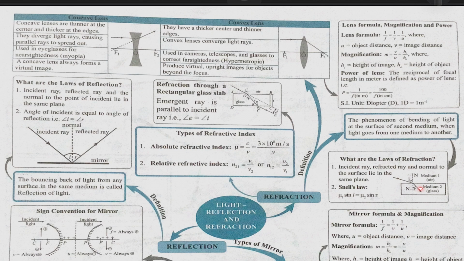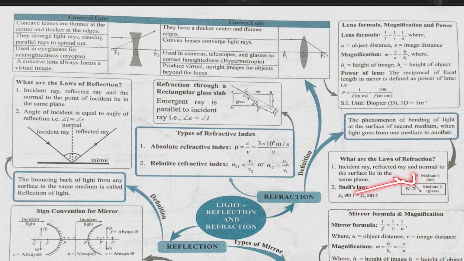What are the laws of refraction? The incident ray, the refracted ray, and the normal to the surface lie on the same plane. This is the first law of refraction. Next is Snell's law, which says that n is equal to sin i by sin r, where the sine ratio is calculated with respect to the incident ray and the refracted ray.